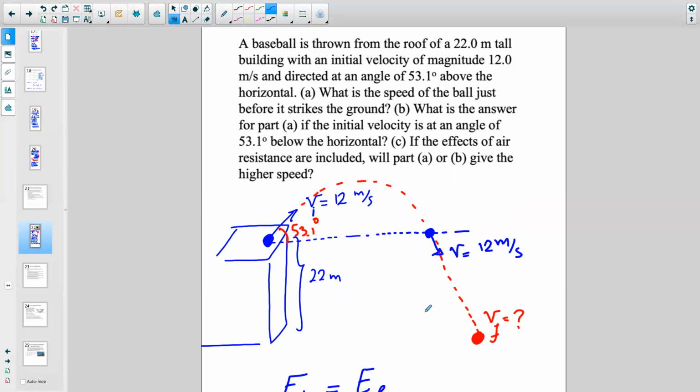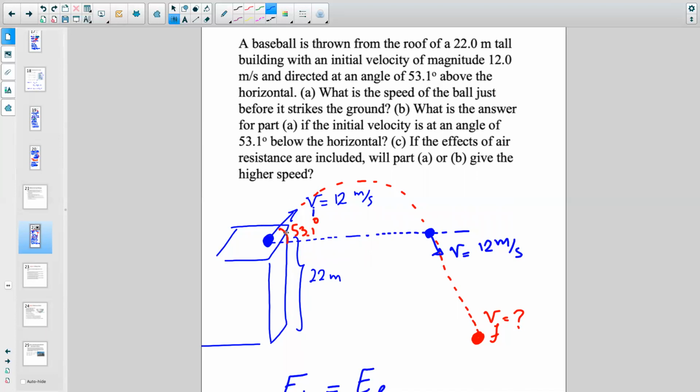If you include a non-conservative force like friction, the work that this force does will reduce your mechanical energy, and it does depend on the path. If you're going in a longer path, the friction or air resistance will do more work.